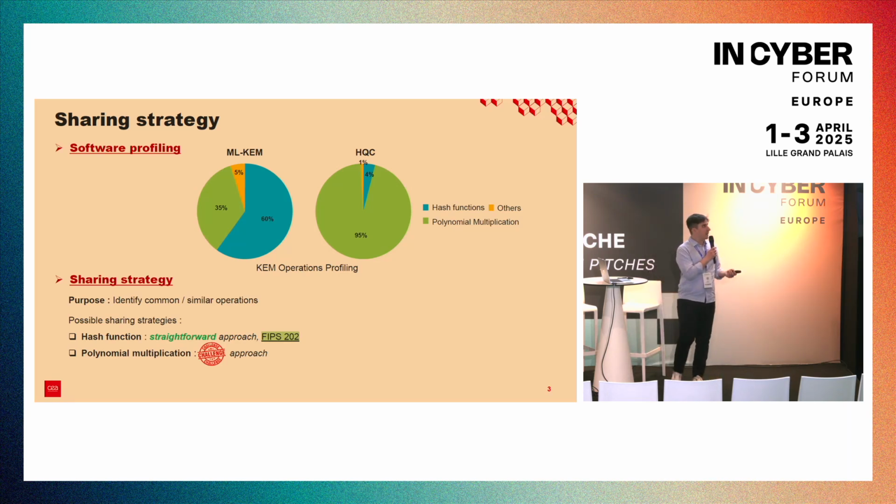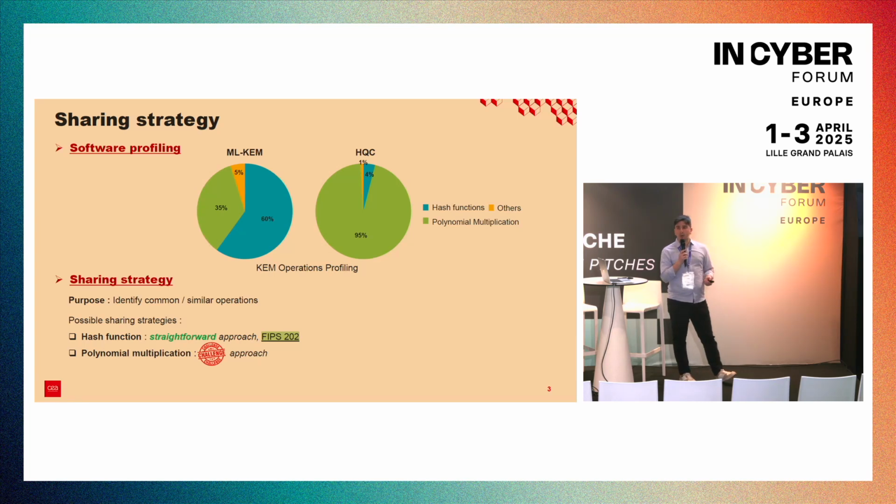Applying a sharing strategy on the hash function is straightforward, because the operations used to perform this function in both cryptosystems rely on the same FIPS 202 standard, while applying the sharing strategy on the polynomial multiplication is challenging, because the operations used are different.